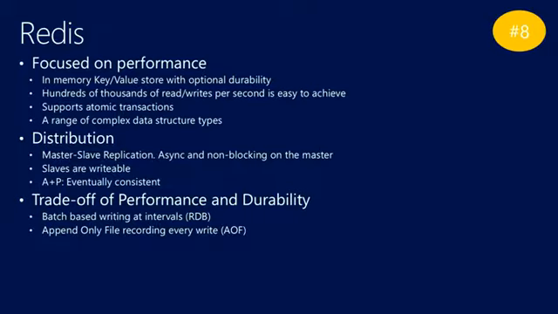And people are screwing their noses up going, are you kidding me? Not writing the data to disk, but actually it's kind of cool. It's eventually consistent. It uses master-slave replication, so the replication approach isn't quite as cool as Riak's replication approach. And it really is about trading off perf and durability.